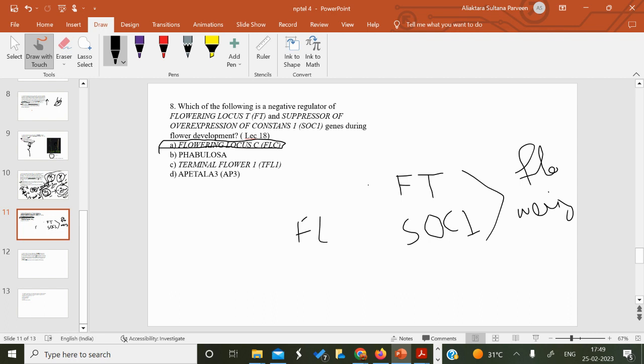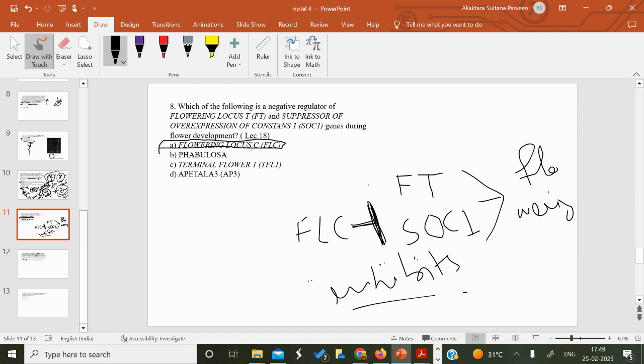And here FLC inhibits. Okay, so when we end it with a blunt end, that means it inhibits, and whenever we show it with some kind of arrow, that means it promotes. So this is a circuit which you have to remember, no other way.